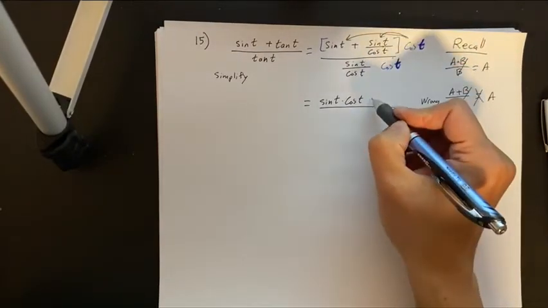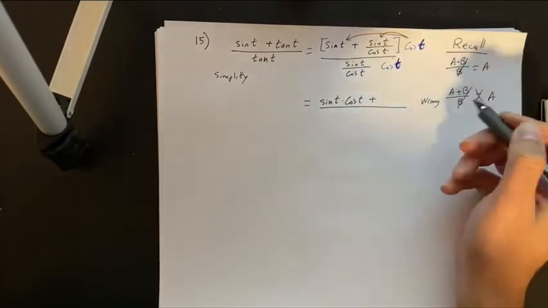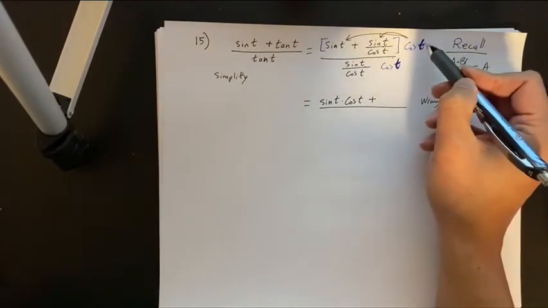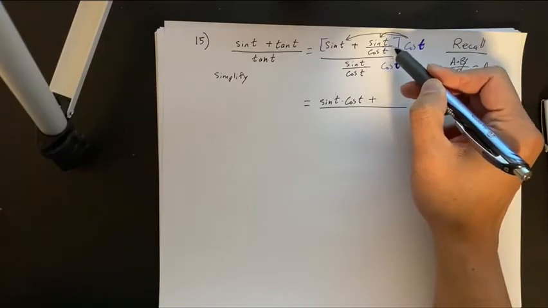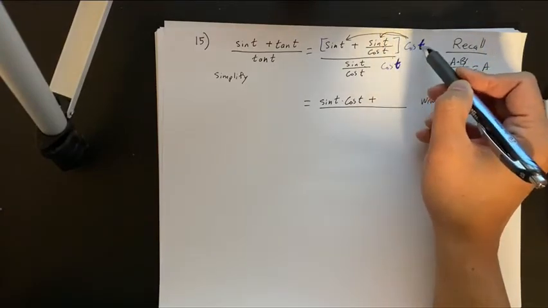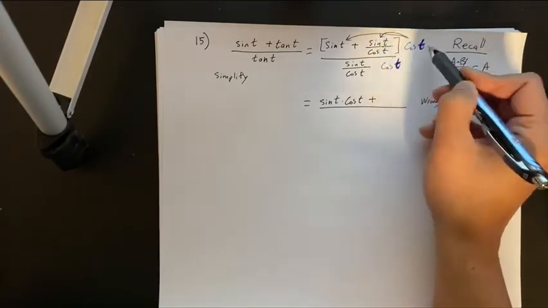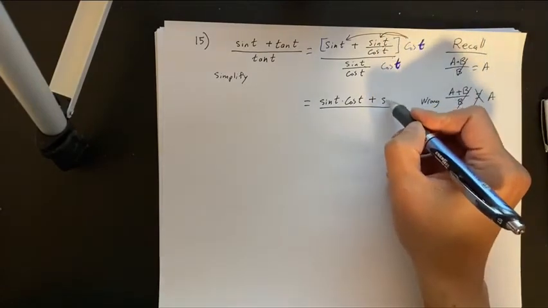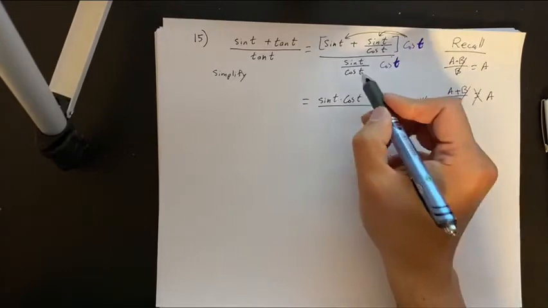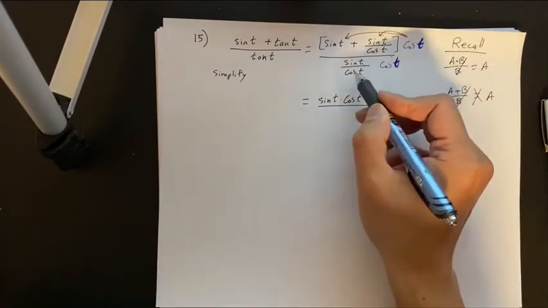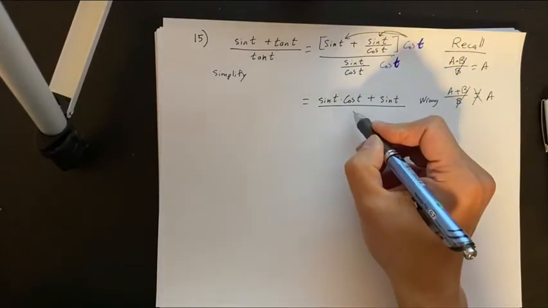And here, let me save some time by simply canceling out the cosine. If you have sine t over cosine t and you multiply that by cosine t, that'll cancel out the cosine, and you're left with just sine of t. And the bottom, the cosine will cancel, and you're left with just sine of t.